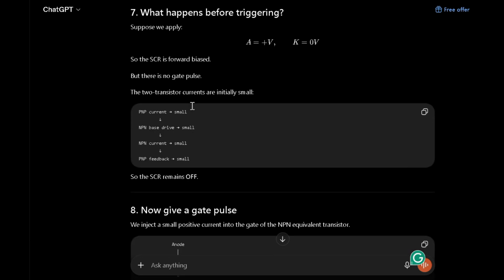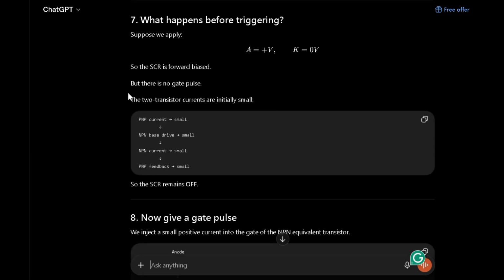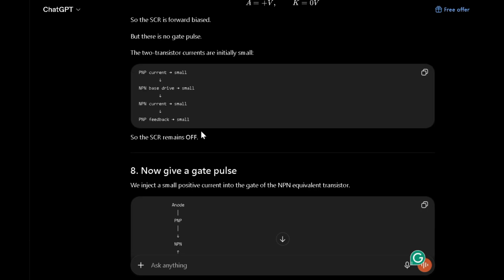For the PNP we give positive voltage to the emitter, and for the NPN we give negative voltage. For the PNP we give negative voltage at the collector, and for the NPN we give positive voltage. If it is a BJT, you don't need to give separate voltages.